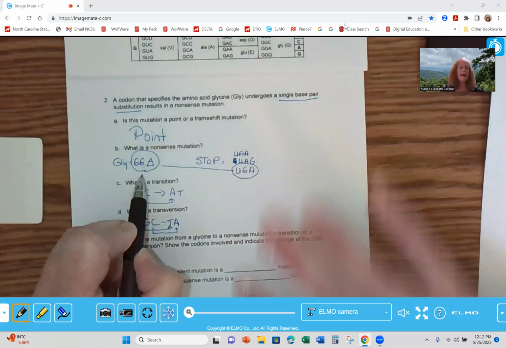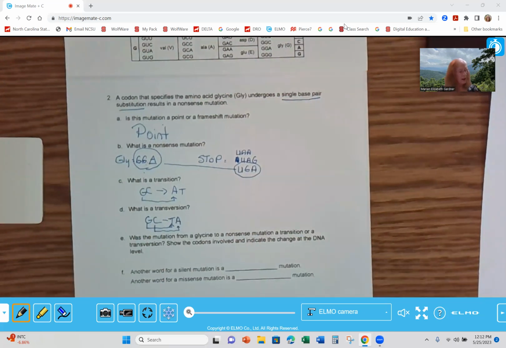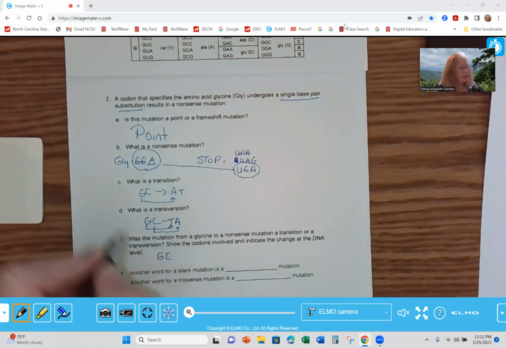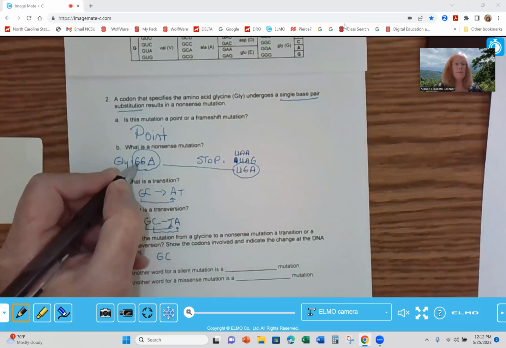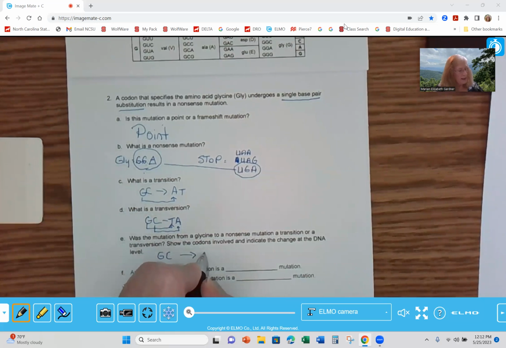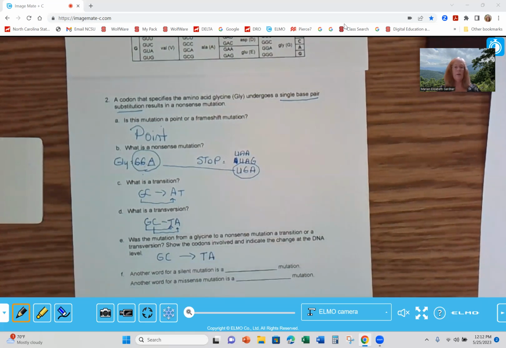So this must be my glycine codon, and that must be the stop codon that I used. That means the change that I had was an original GC base pair right at this first position of the codon going to a TA base pair. Because remember, mutations occur at the DNA level, and at the DNA level, that uracil would be a thymine. So that is going to be a transversion.